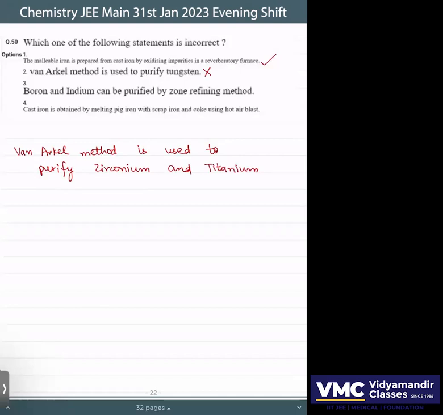Third statement says boron and indium can be purified by zone refining method. Yes, it is correct. Fourth statement is cast iron is obtained by melting pig iron with scrap iron and coke using hot air blast. Yes, it is also a correct statement. They asked us the incorrect statement. Answer will be option second.